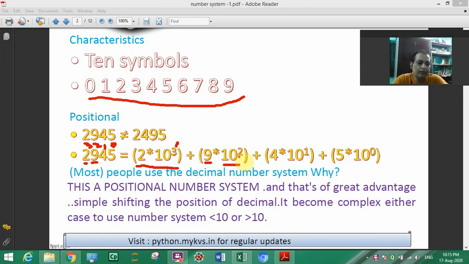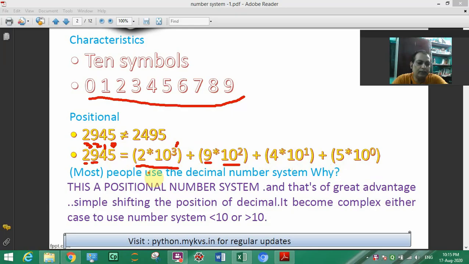Similarly the third digit 4 into 10 to the power 1, index of 4 is 1, plus the last digit 5 into 10 to the power 0. Why 0? Because the index of 5 is 0.